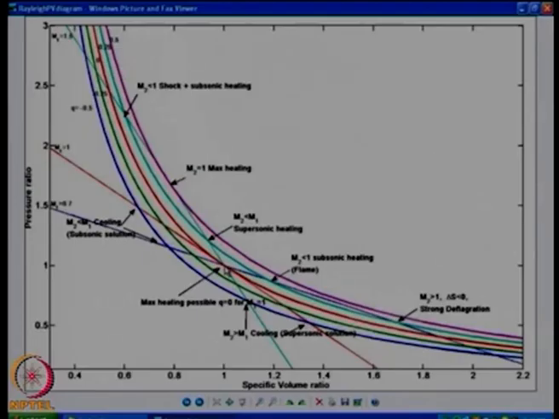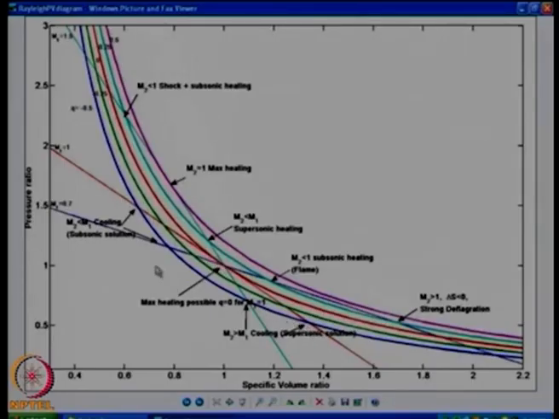The flow is already at P1 and V1, it cannot go to any other P2 V2, it can just stay at P1 and V1 and nothing else. If I do not add heat or remove heat, there is no solution for M1 equal to 1 flow. Mach 1 flow does not like to change, that is what this says. That is one special case.